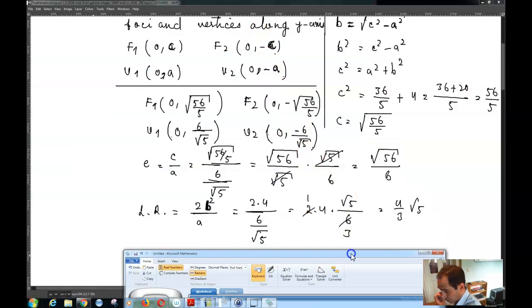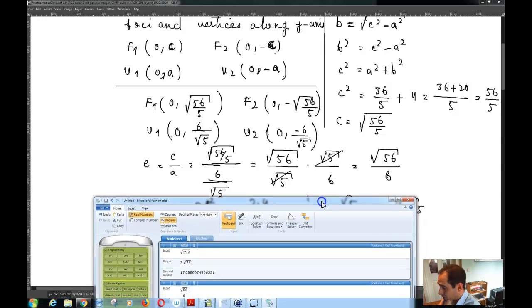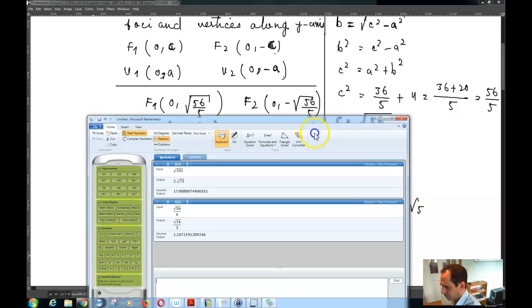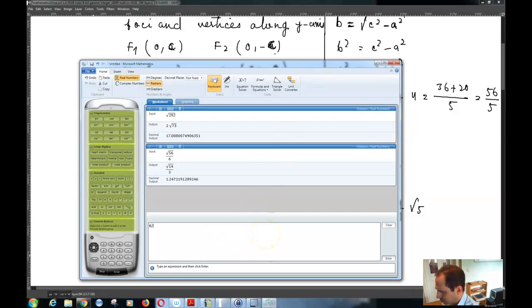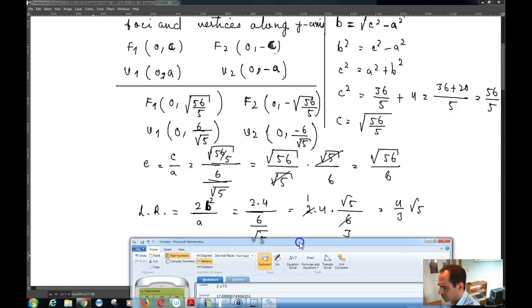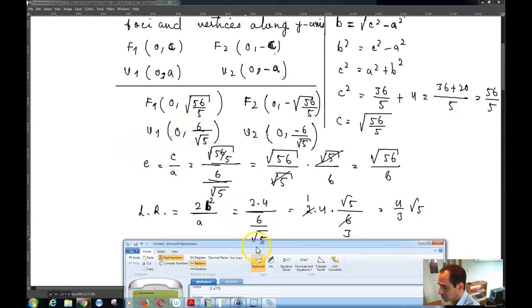And I have a couple more numbers. For example, my a, as I've gotten, is 6 over square root of 5, and 6 over square root of 5 is 6 square root of 5 over 5.